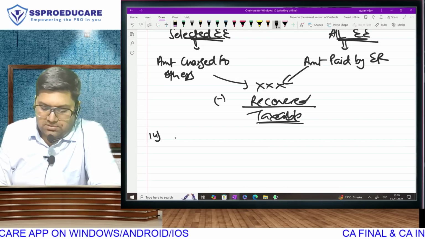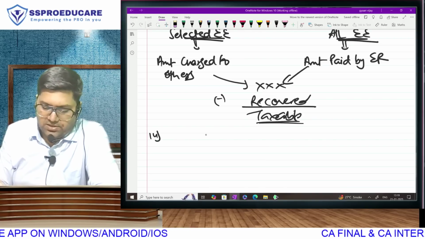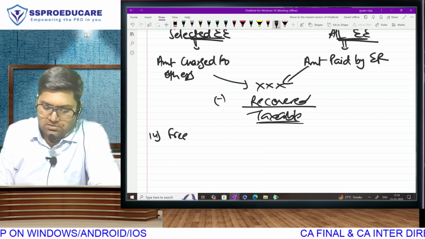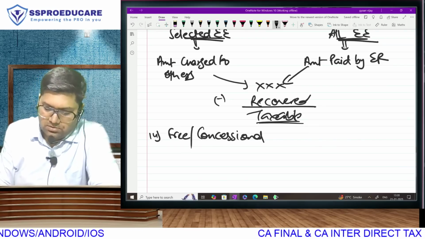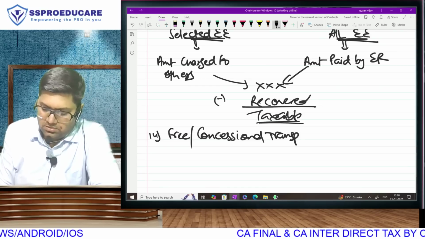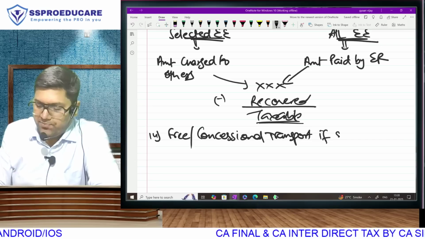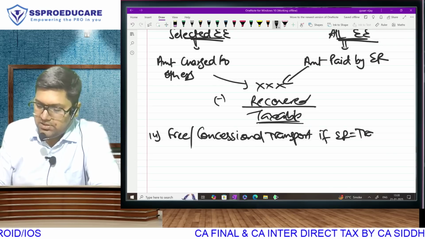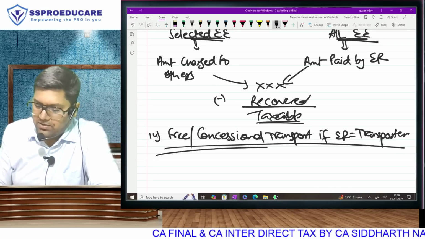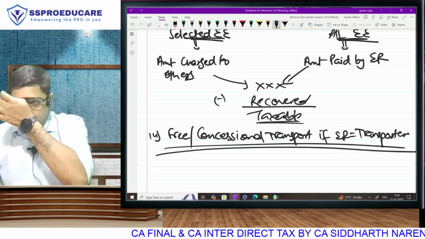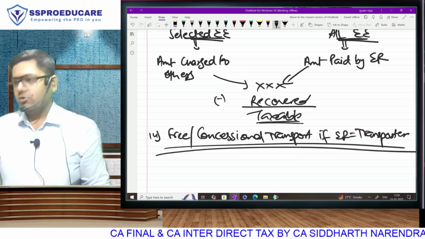Next, free or concessional transport. If the employer itself is a transport. See, the employer is buying your ticket for the actual ticket price. General rule, no special rule.